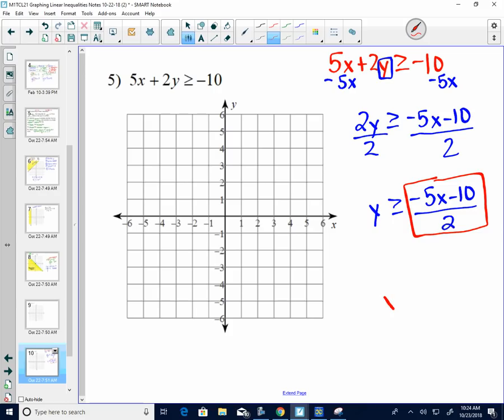Some people choose to go on and simplify. -5 divided by 2, we're going to leave that as -5 over 2 and put the x beside it. And then -10 divided by 2 is a -5. So some people like to graph it from the slope-intercept form.